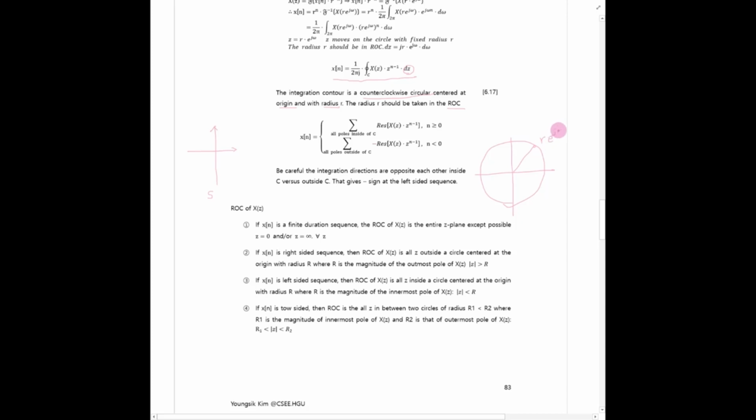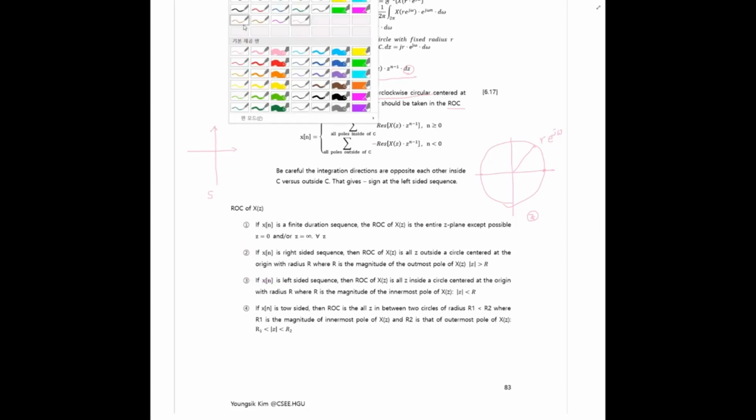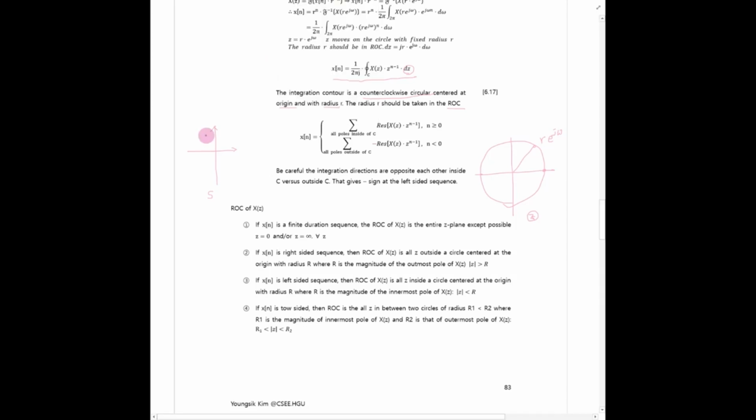This one is the z domain, this one is the S domain, this one is DC, and this is the maximum frequency. In the Laplace transform, for a right-sided signal, the region of convergence is to the right of a certain pole.